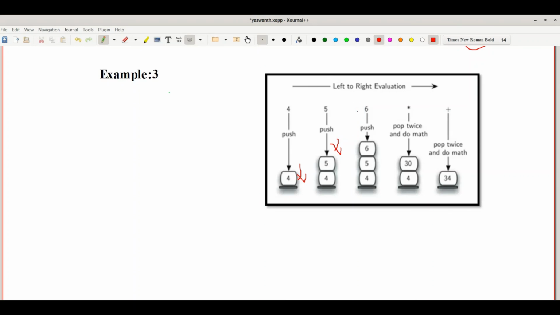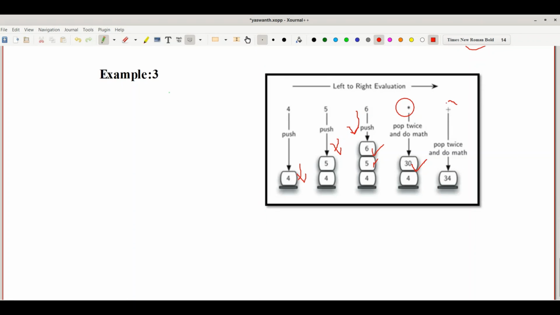Next I am pushing the value 6. And what is the next character? Multiplication. What are the top two values here? 6 and 5. So I am multiplying 6 and 5, and I will get 30.